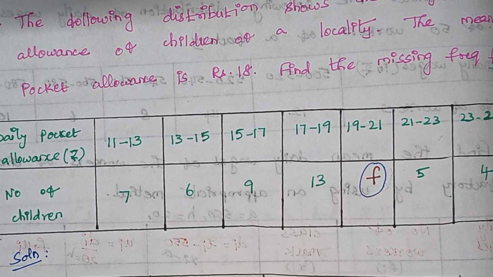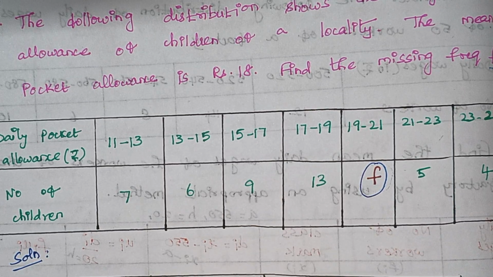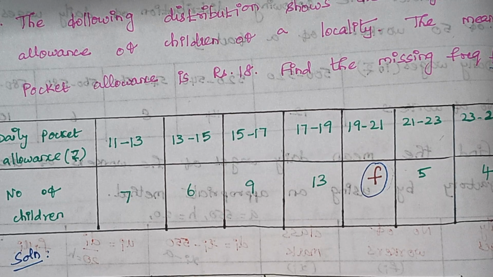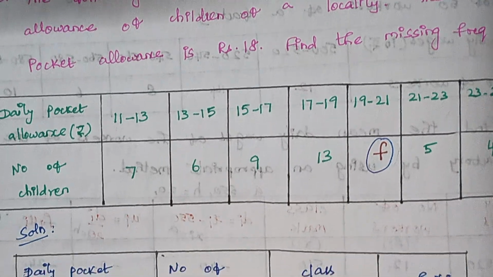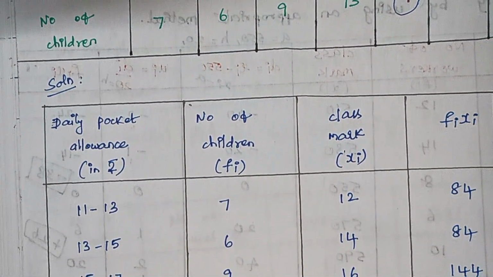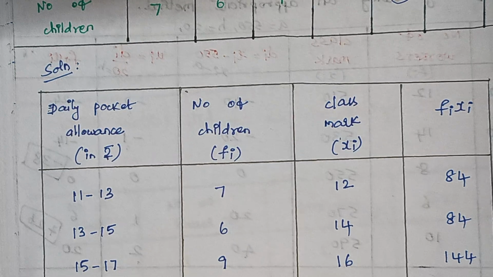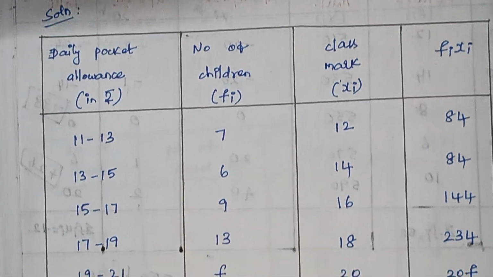Whenever you have questions like this, you had better go by the direct method because it will be very easy for us to solve. So in the solution, you list out daily packet allowance and number of children.